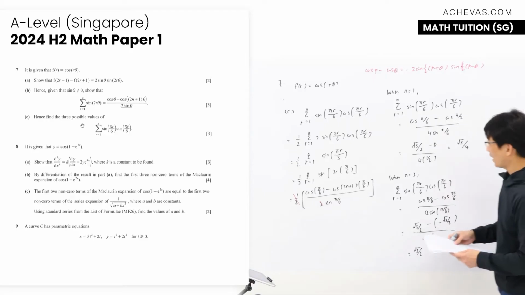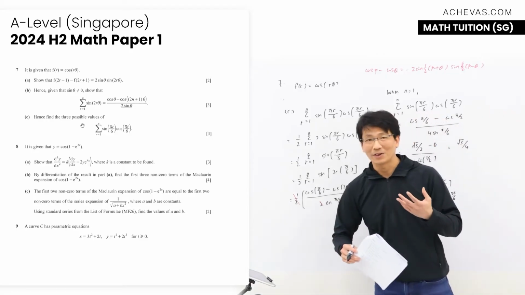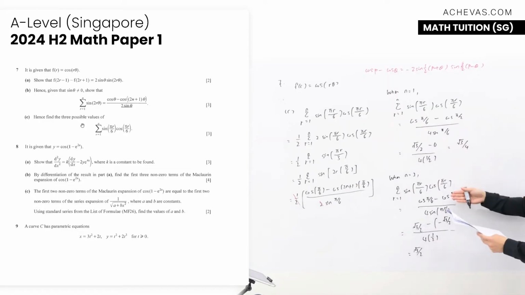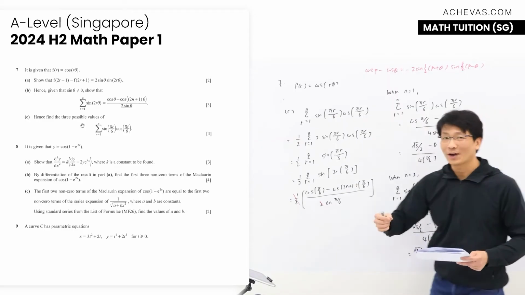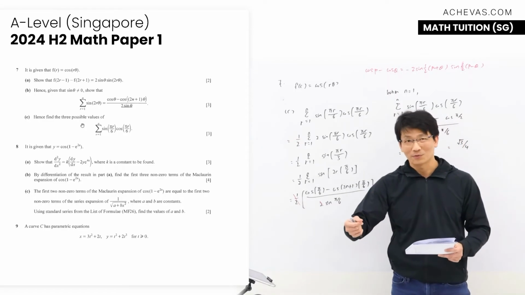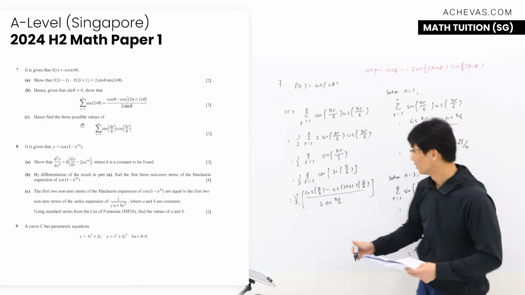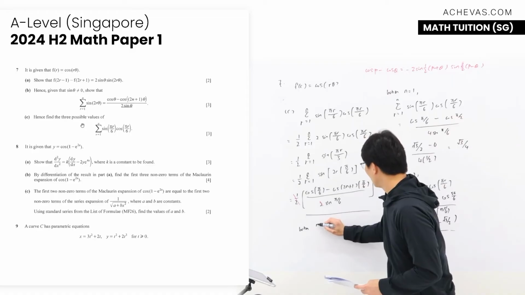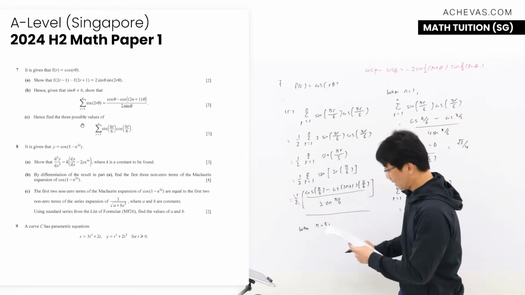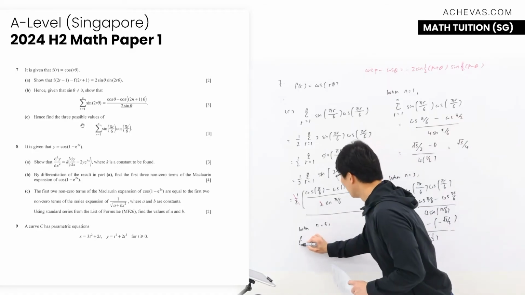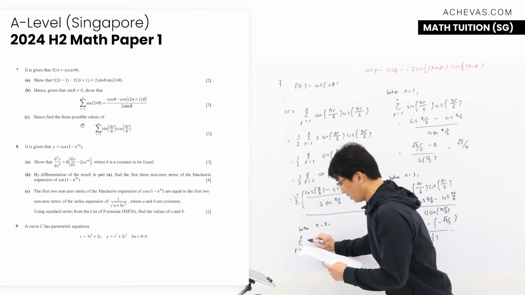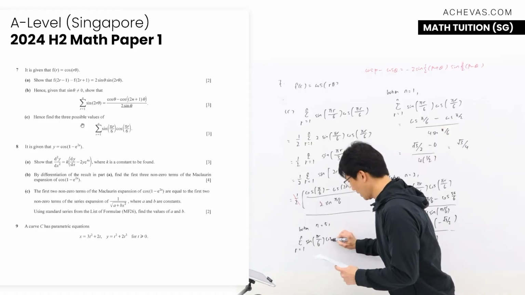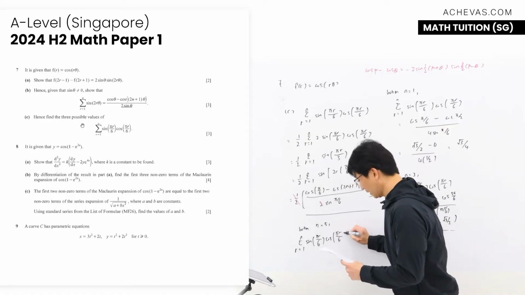But I've already tried n equal to 3 and n equal to 4, and they happen to repeat this one and this one. It's only when you try the next value, n equal to 5, that you get a new value. So when n equal to 5, I will get the summation r equal to 1 of sine pi r over 6 cosine pi r over 6.